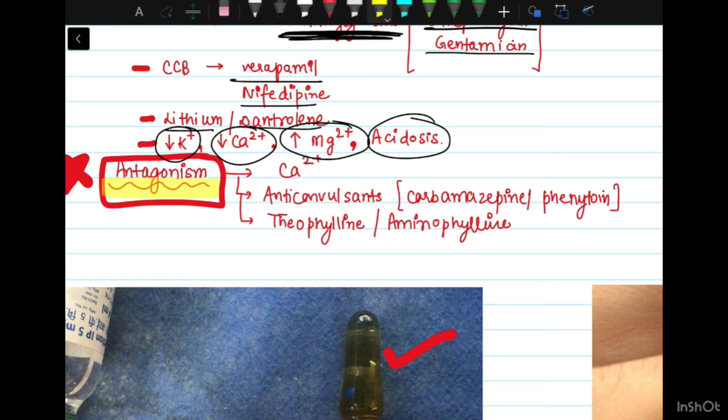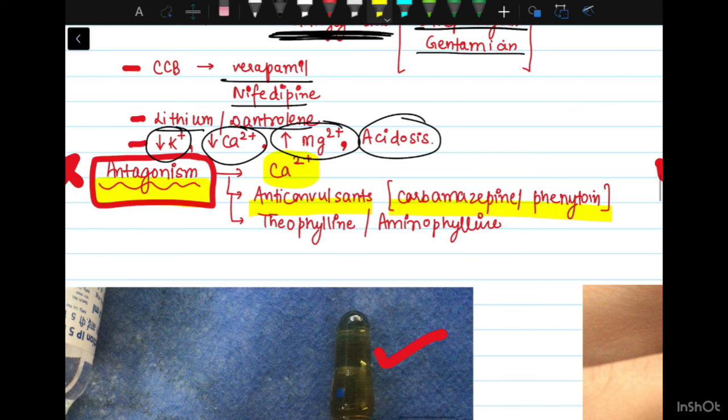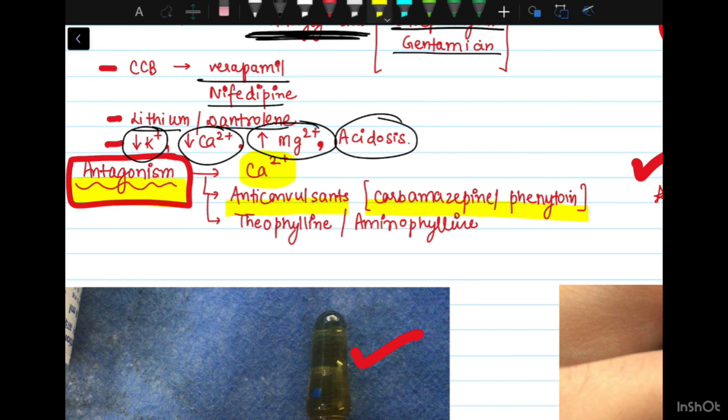But there are certain situations where we have to repeat it more frequently and in higher doses. That is the antagonism of neuromuscular blockade. Suppose you give calcium to the patient, obviously muscle contraction will improve. If the patient is on anticonvulsants like carbamazepine or phenytoin, they will induce the enzymes, leading to rapid metabolism of these agents and rapid recovery. Then theophylline or aminophylline. When do you use these?